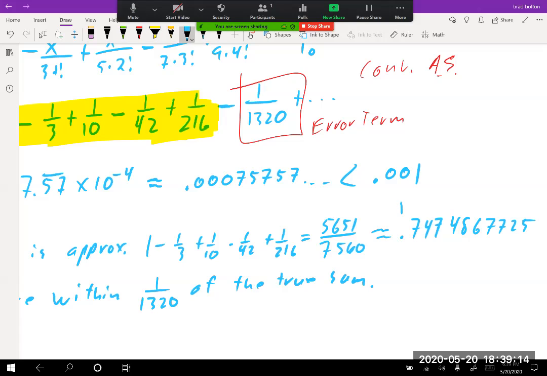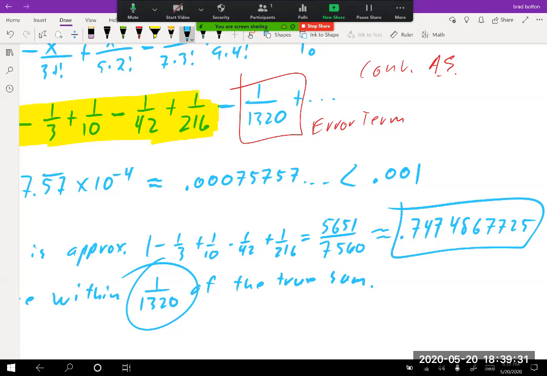So this is an approximation to the sum, okay? And we know that we are within 1/1320th of the actual sum. We don't know plus or minus, but we know that we're within that amount. So we're pretty darn close to the actual sum, okay?